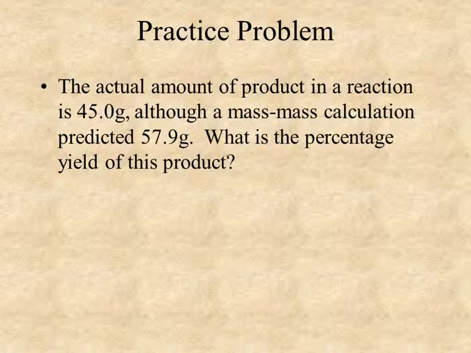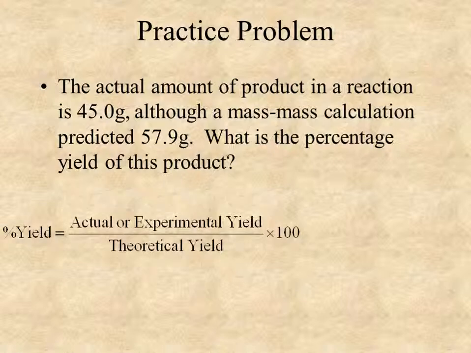In this case, we don't know exactly what the substance is, but we are told explicitly that there is an actual amount recovered, and a mass calculation gave us a prediction of another mass. So the 45.0 grams is our actual, that will be our numerator, and the 57.9 grams will be our theoretical yield, and thus our denominator.